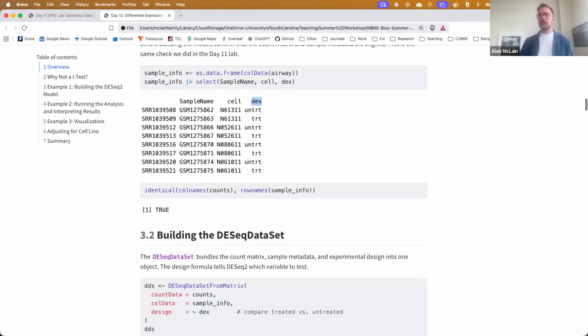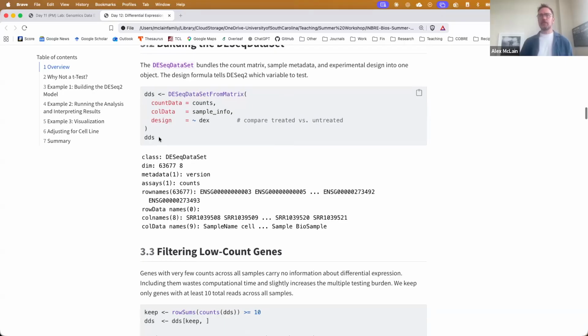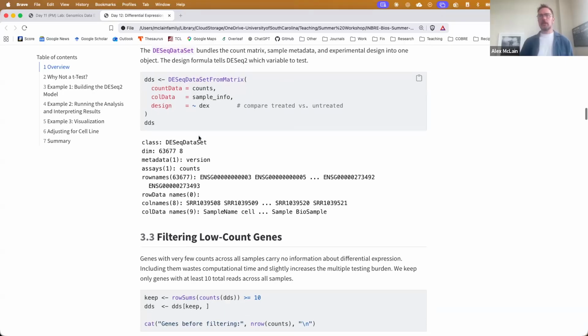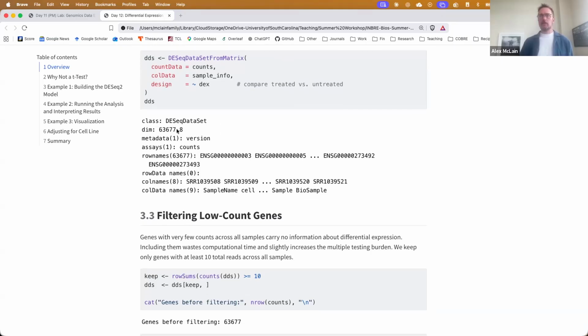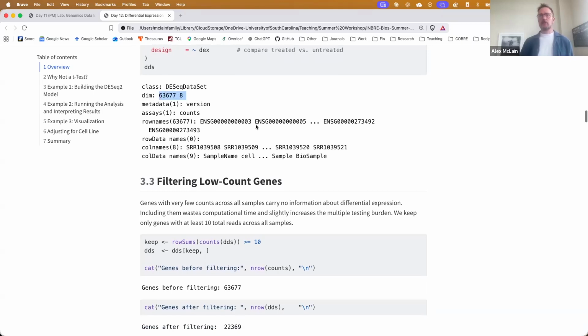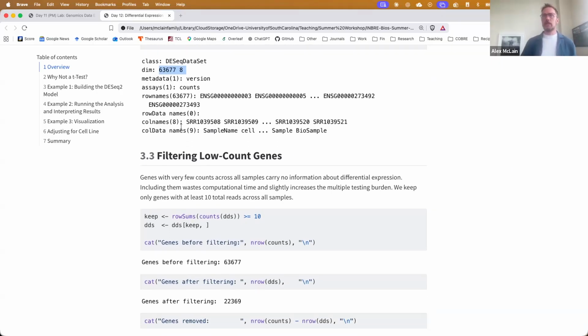We will add the cell type to see what kind of impact that has. Then printing this out says, okay, you created a DESeq data set that has all the counts in here, all 63,000, and the count matrix row names, which will be the encoded names of the genes. Column names are the ones in the sample. And then here's some other information about the col data that we gave it.